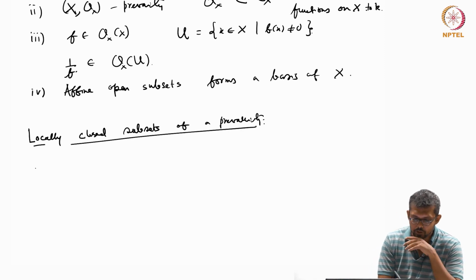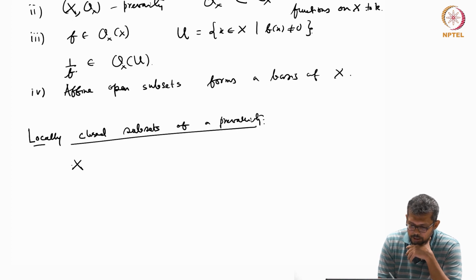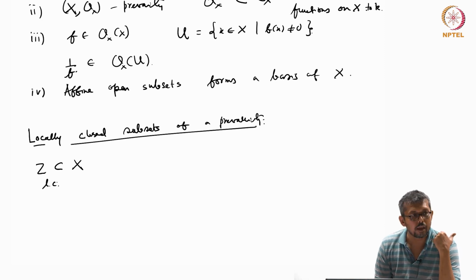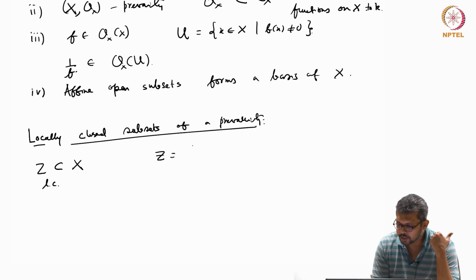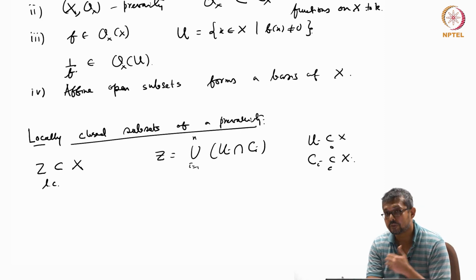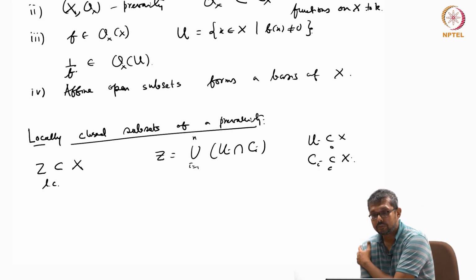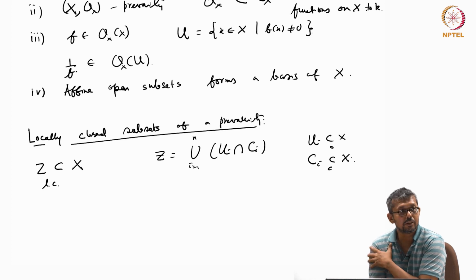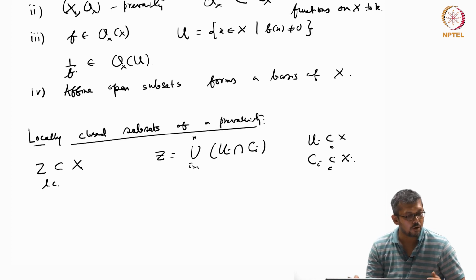So if X is a topological space and I say that Z is a locally closed subset, what do I mean? That means Z is a finite union, say over i equal to 1 to n, of Ui intersect Ci, where Ui is open in X and Ci's are closed in X. So this is what is called, for a topology, a locally closed subset.